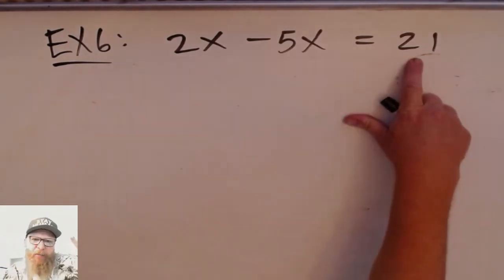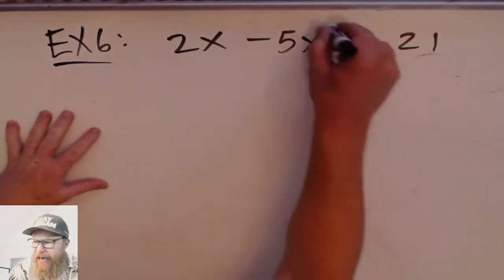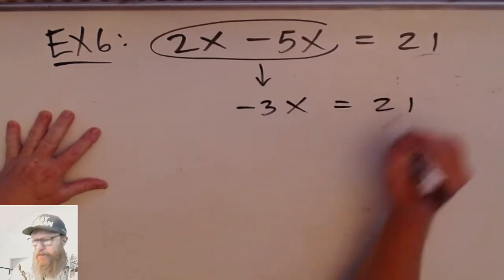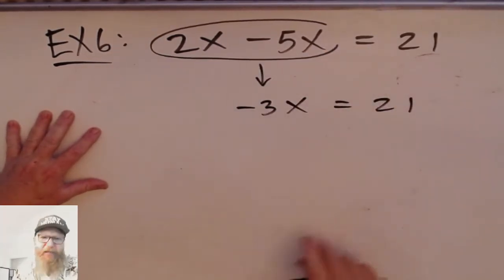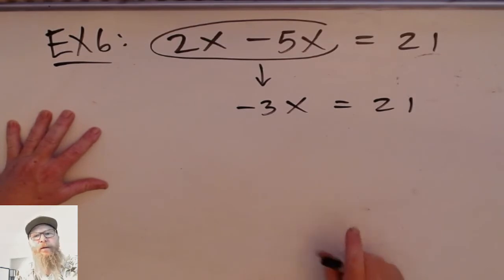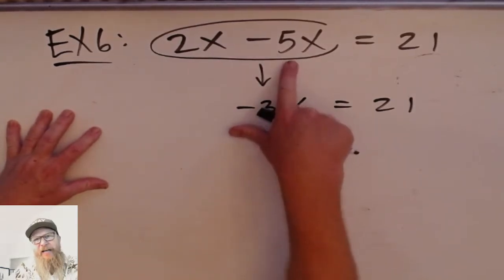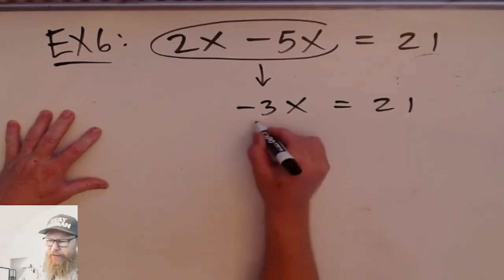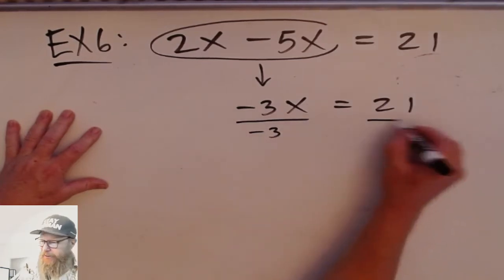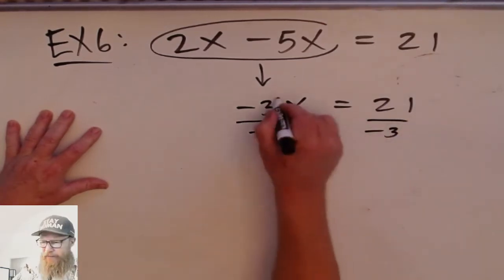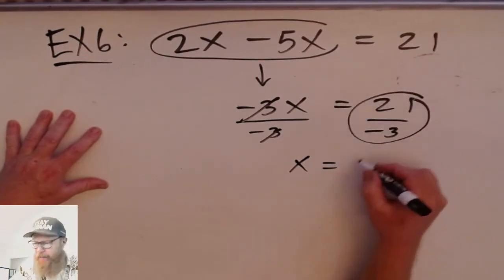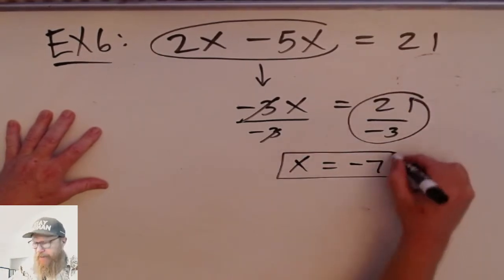It's already simplified. So the left-hand side, you can combine the like terms. It's negative 3 again, coincidence. 2x minus 5x. Be careful with the sign. It's negative 3x. Okay, then you're going to divide by the coefficient. That becomes 1. Positive 21 divided by negative 3 is negative 7.